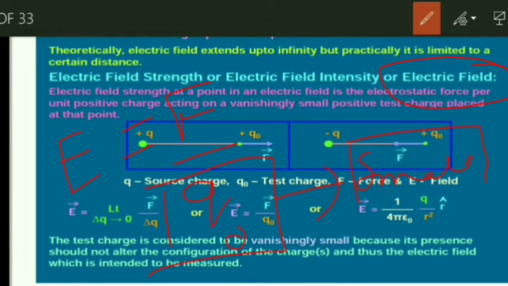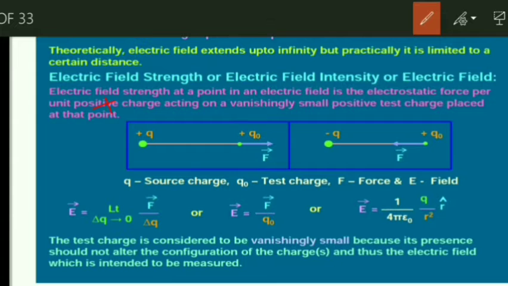So friends, electric field is equal to force per unit charge. This is the mathematical definition of electric field. Electric field strength at a point in an electric field is the electrostatic force per unit positive charge acting on a vanishingly small positive test charge placed at that point.